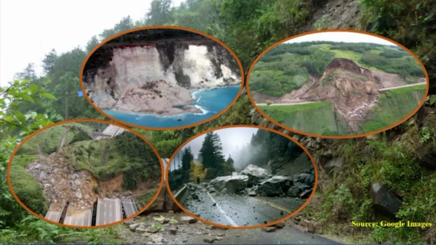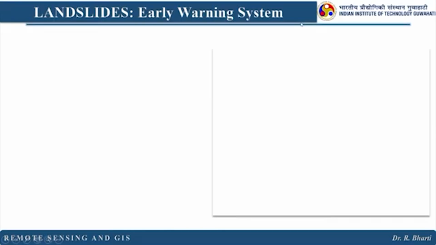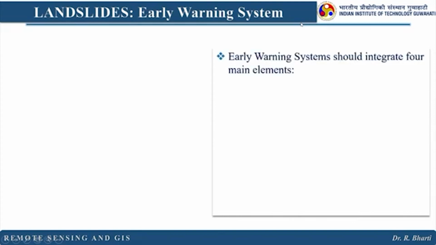This is the case of landslide. For landslide, it will be very good if you can develop an early warning system, right? So what are the different parameters you can derive or estimate through remote sensing and GIS that may help to develop this early warning system for landslide?